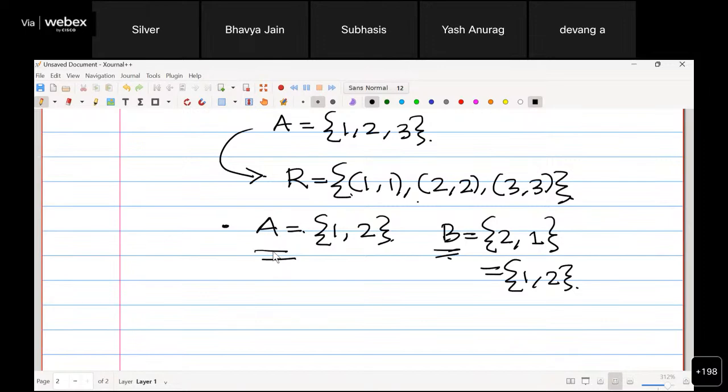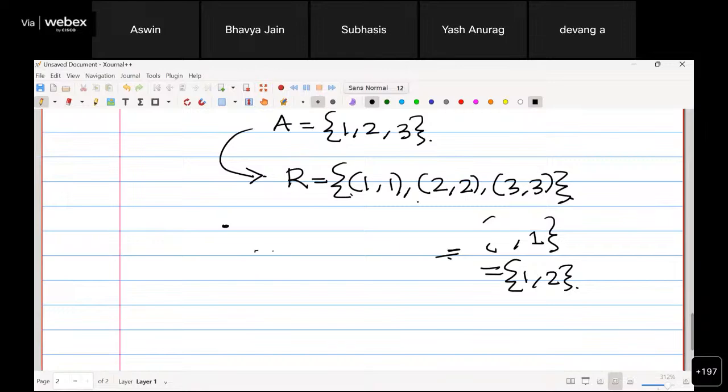Sir, then it will be considered an identity relation. What if 3 comma 3 or any one of those elements is not present? Just a minute. You are actually wasting your time. What you can define is an identity relation from a set to itself. You can't define it from one set to some different set.